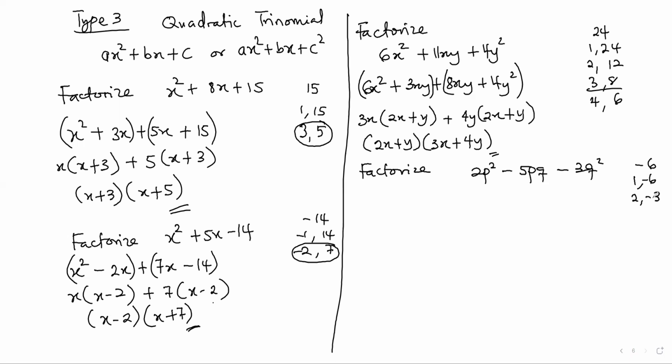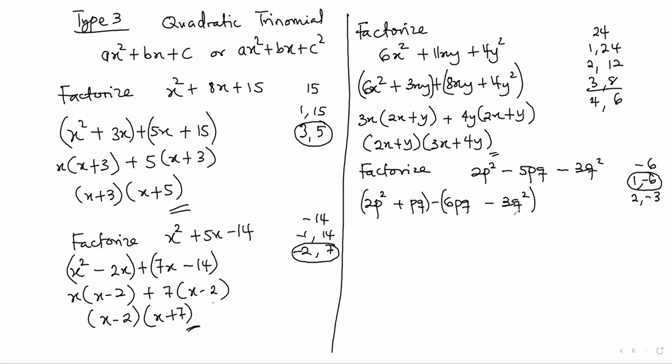So we realize that 1 and minus 6, when we add them, we will get negative 5. So that would be 2p squared plus pq minus 6pq minus 3q squared.